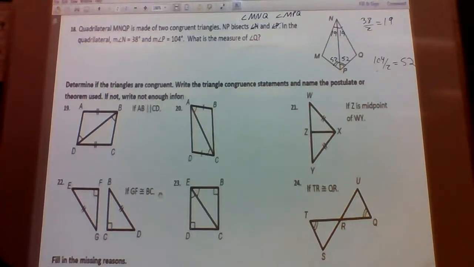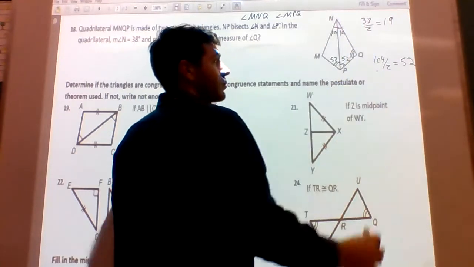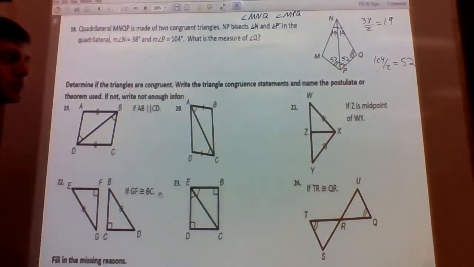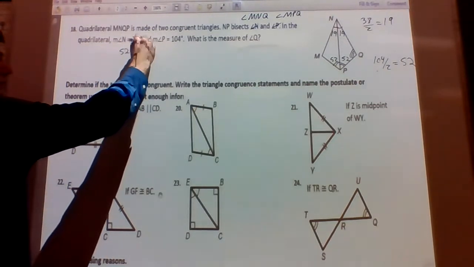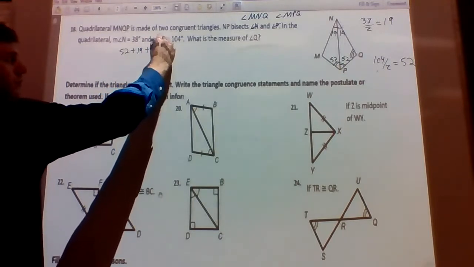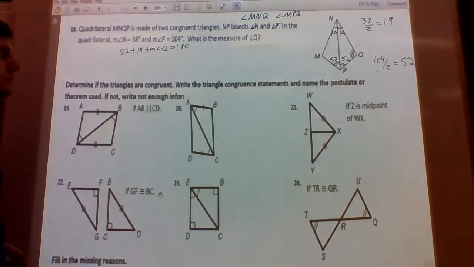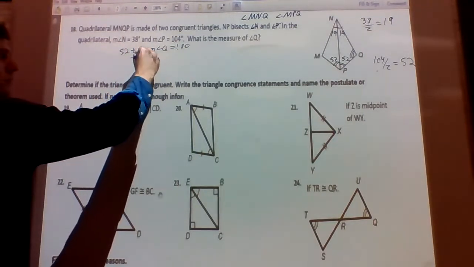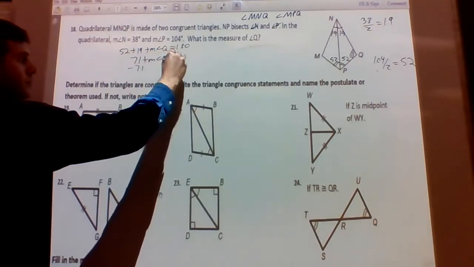And the question is, what is the measure of angle Q? Well, we know the measure of the three angles of a triangle add up to 180. So 52 plus 19 plus the measure of angle Q is going to be 180. 52 and 19 is 71, plus the measure of angle Q. Subtract 71 from both sides.